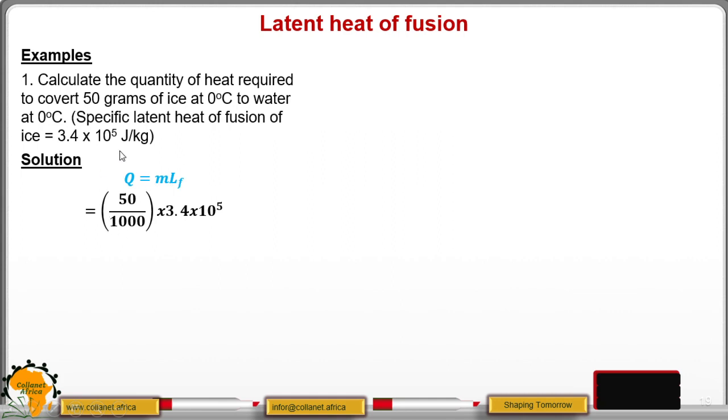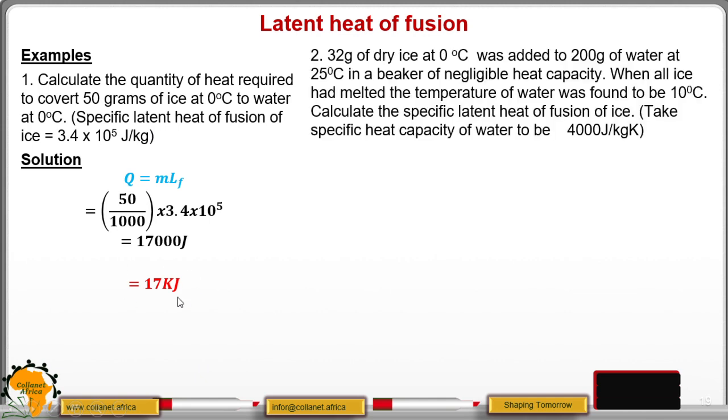And then we multiply by the specific latent heat of fusion, 3.4 times 10 to the power 5 joules per kg. When you multiply, you get 17,000 joules. So this is the energy that is required to convert that mass of ice to water at 0 degrees. That is 17 kilojoules.